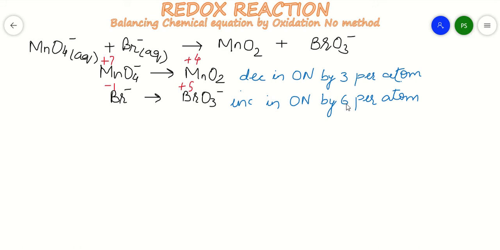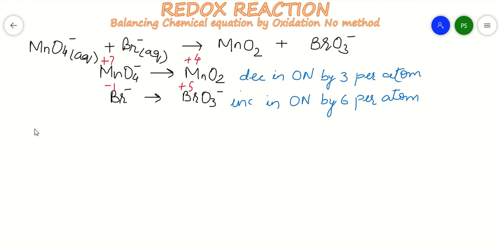So I will increase the decrease by multiplying the first half equation by 2. If I multiply it by 2, I will get 2 MnO4 and 2 MnO2, and because the number of atoms becomes double, the decrease will also be double, as 3 twos are 6.